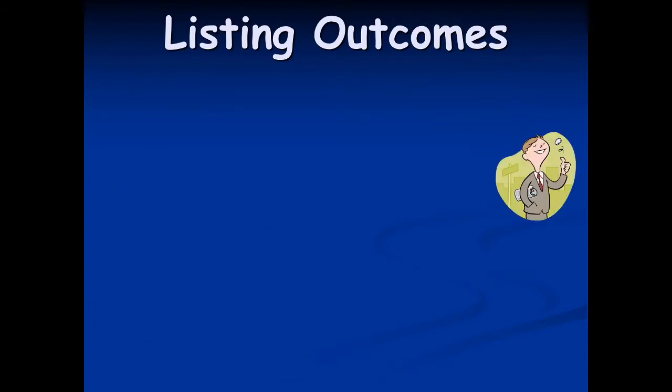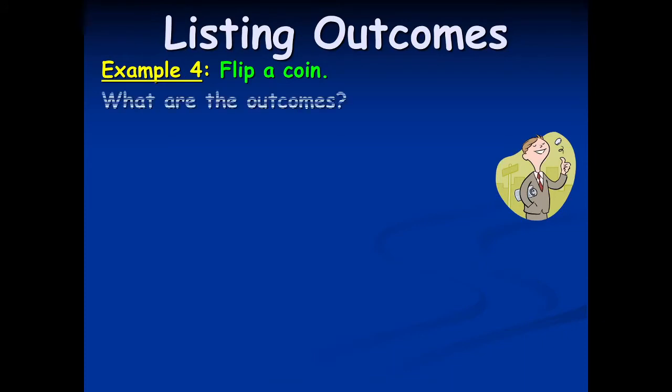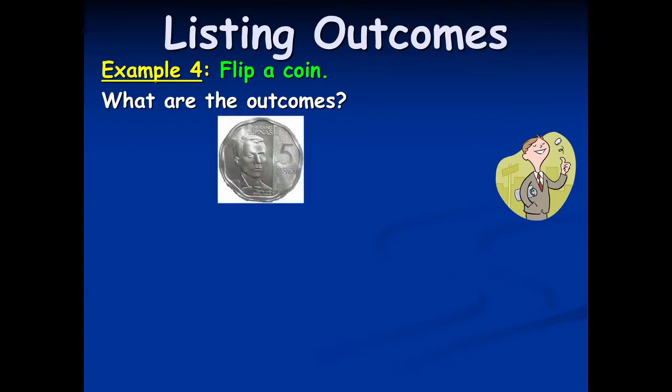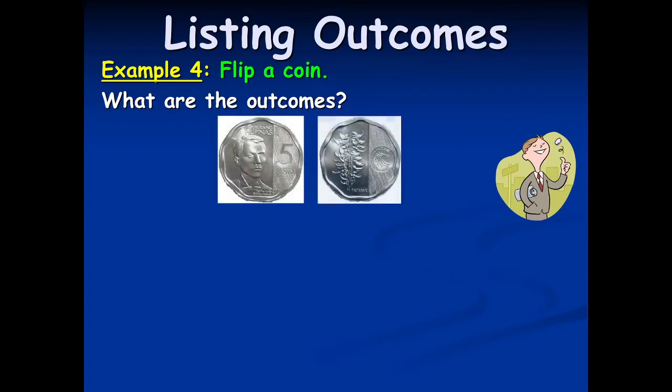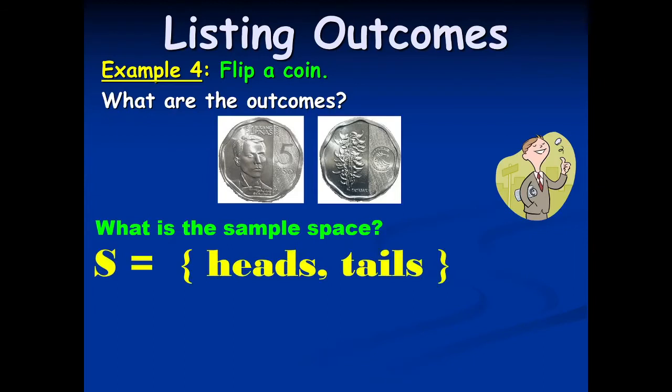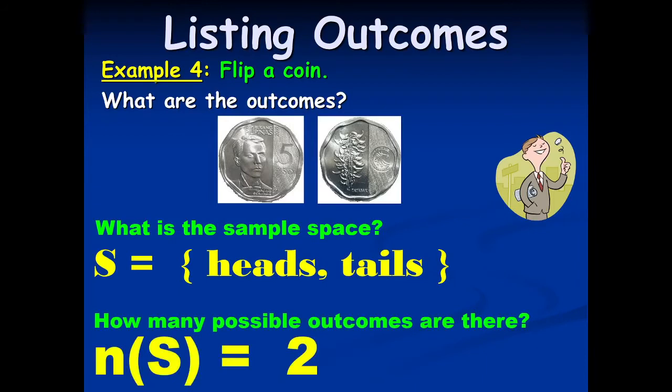Okay? Now let's have example number 4. Flipping a coin or tossing a coin. What are the outcomes when you toss or flip a coin? I heard one of your classmates said heads and tails. So when you flip a coin, there are 2 possible outcomes. The heads and the tails.